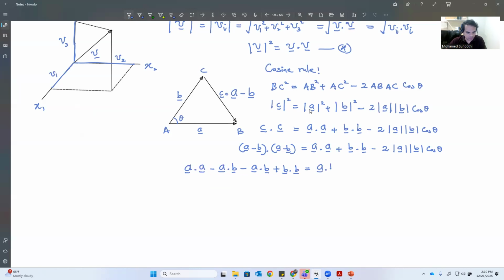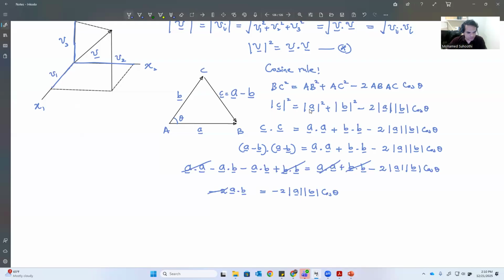This is a dot a, b dot b, minus 2 magnitude of a, magnitude of b cos theta, right? So now this part cancels out. Finally we end up with minus 2 a dot b equals minus 2, magnitude of a, magnitude of b, cos theta.